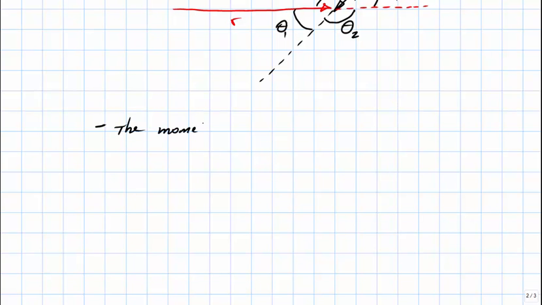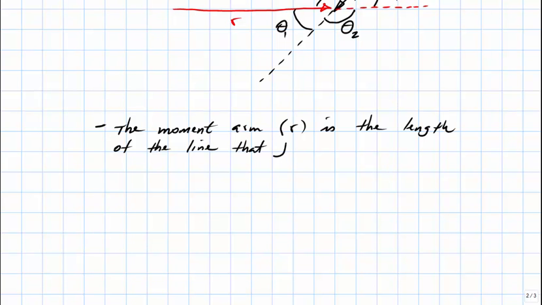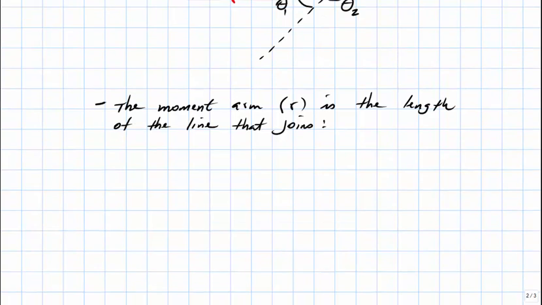The moment arm, which of course is abbreviated as R, is the length of the line that joins the following 2 points.